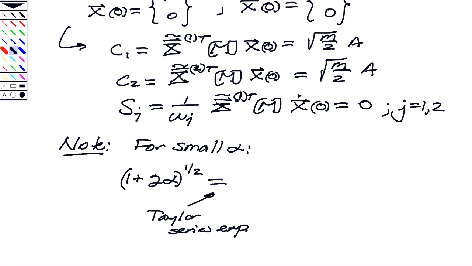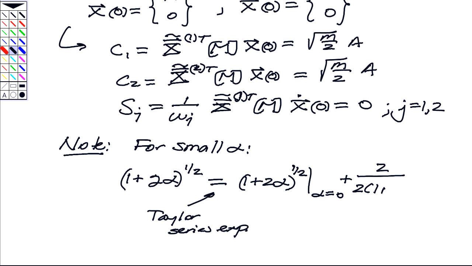So what I do is I take the function and evaluate it at alpha equal to 0. I take a derivative of that function with respect to alpha. I get 2 divided by 2, 1 plus 2 alpha to the 3 halves, evaluated at alpha equal to 0 times alpha, and then I get more terms.